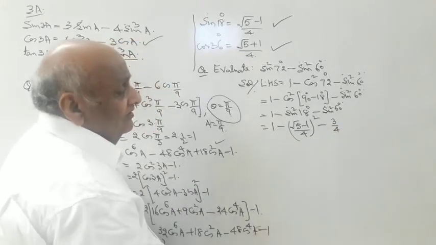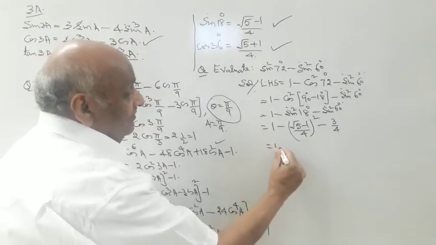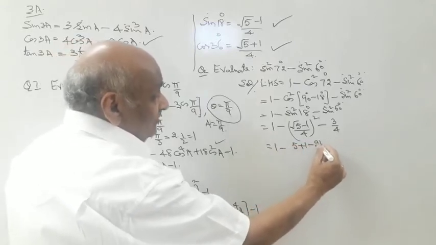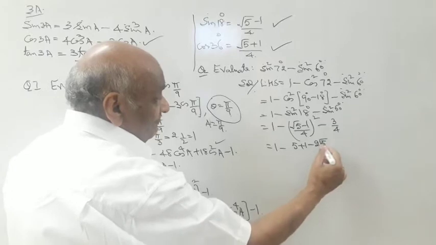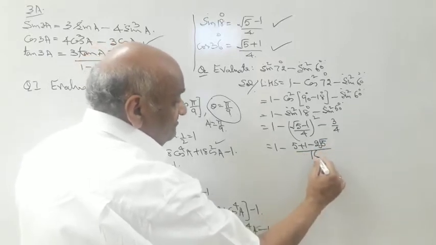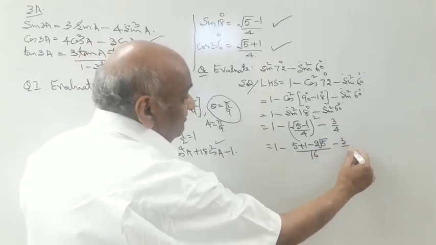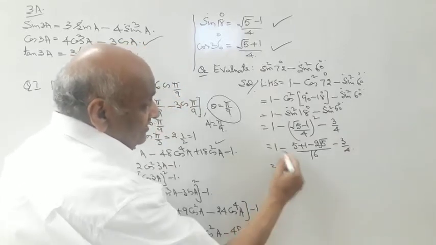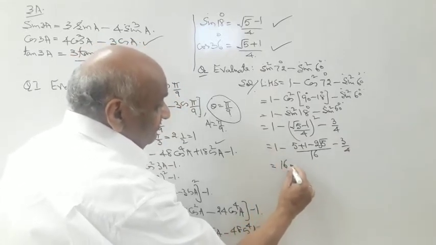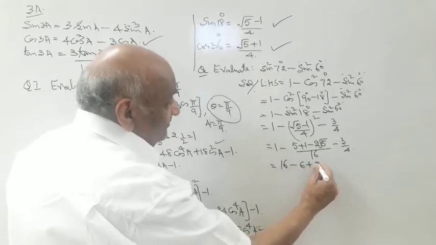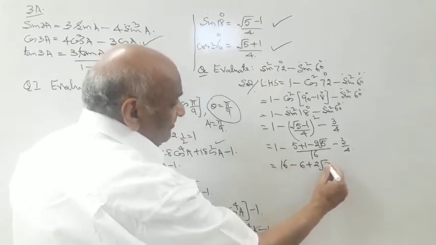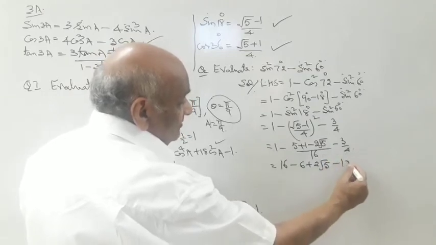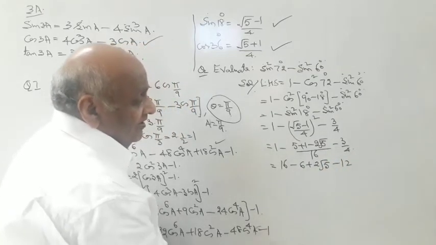Therefore, now simplify: 1 minus 5 plus 1 minus 2 under root of 5 upon 16, minus 3 by 4. So this becomes 16 minus 6 plus 2 under root of 5 minus 12, since 4 3s are 12, upon 16.